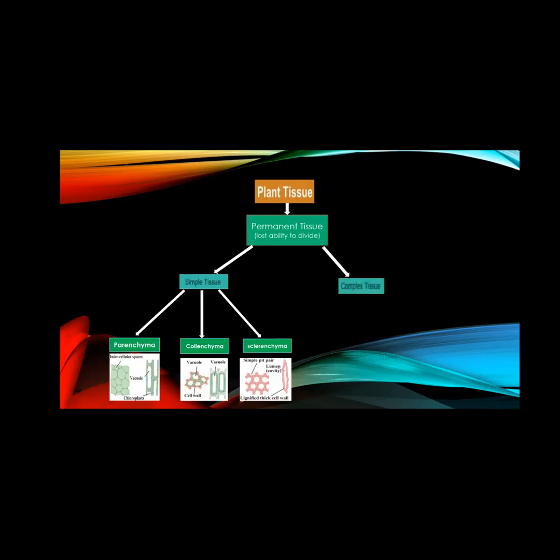The second subtype in the permanent tissue is complex tissue, which is made up of more than two different types of cells. In this, we have studied two subtypes. First is the xylem. Xylem consists of xylem vessels, then tracheids, xylem parenchyma and xylem sclerenchyma.